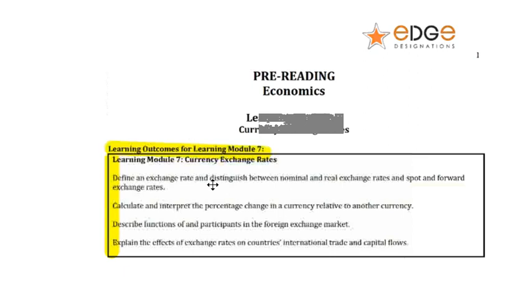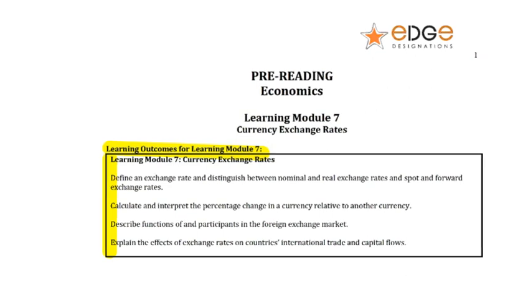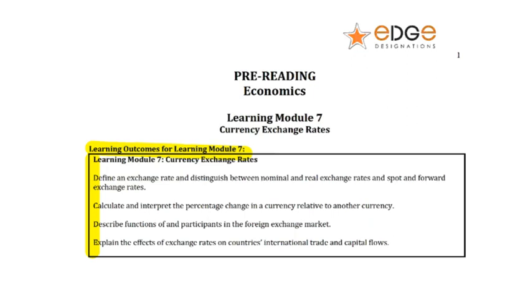Read through those again, just make sure you are familiar with those and understand them. Then you have most likely gained what you need from the particular learning module. If not, perhaps it might be worthwhile to revisit it. Currency exchange rates is not an easy one. It might require one or two separate watchings and readings of the notes. This then brings us to a conclusion of the pre-readings for economics, 7 learning modules all in all.